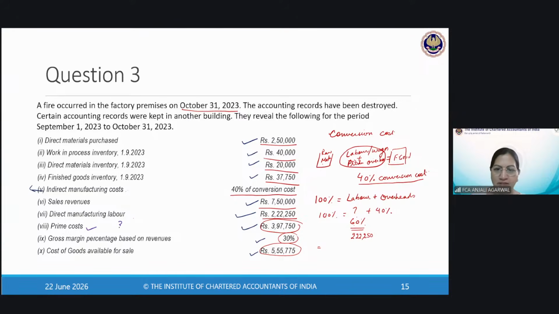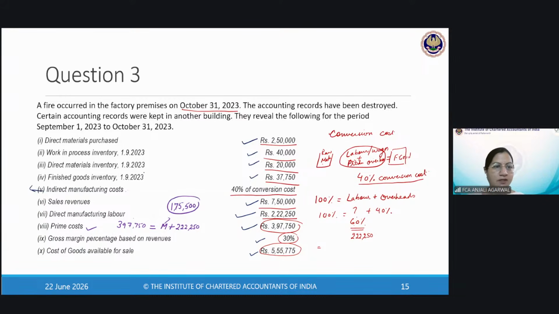Prime cost is given as 397,750, which is a combination of material plus labor. Material consumed is not given, but labor is given as 222,250. So using the missing figure, you get 397,750 minus 222,250. So 1,75,500 is the raw material consumed.